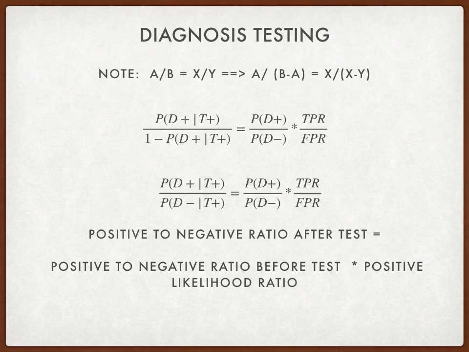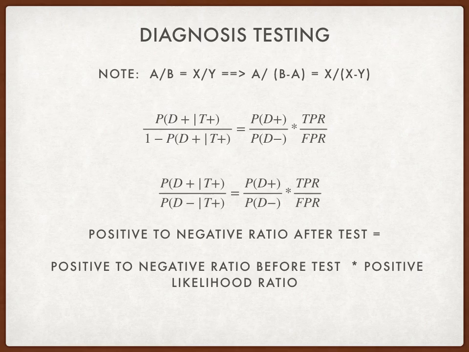The probability of the condition existing after the test over the probability of the condition not existing after the test is equal to the probability of the condition existing before the test over the probability of the condition not existing before the test, multiplied by the true positive ratio over the false positive ratio, which kind of makes sense, right? Before any test, the ratio of having the condition is this, right?